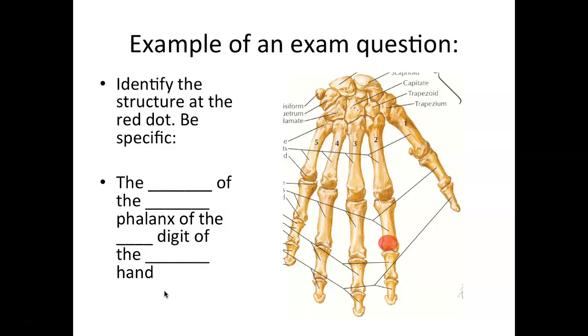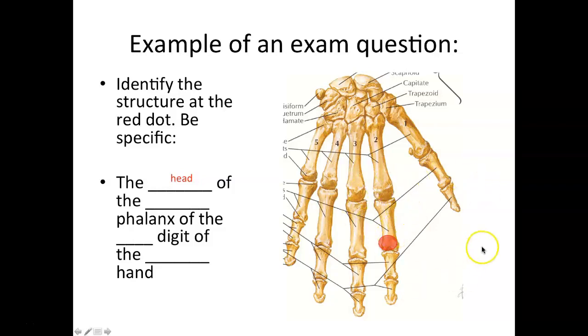So the blank of the blank phalanx of the blank digit of the blank hand. First we have to look and see, is this a base, body, or head? You always start small and build big. So base, body, head. This is a head. So we would put head there of the blank phalanx.